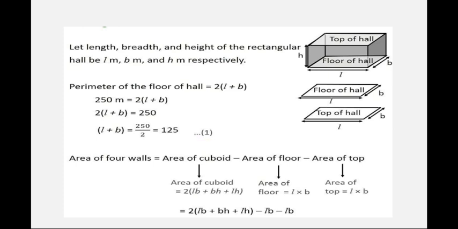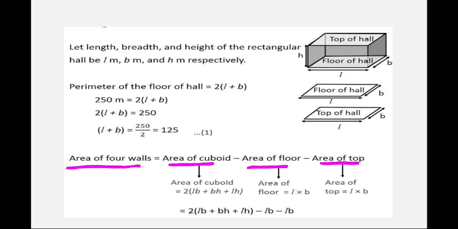Now the second condition was that you have to paint the 4 walls. That means the area of 4 walls is equal to the total surface area of the cuboid minus the area of the floor minus the area of the top ceiling. There are 6 faces in the cuboid.